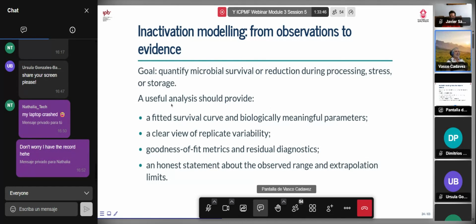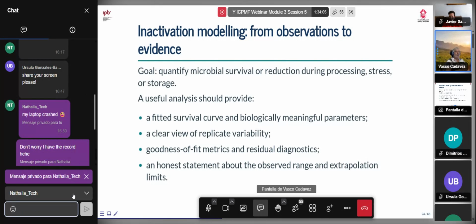When we want to do this, it will be good to have some fitted survival curve and a biological meaning for the parameters. Of course, we want to have a clear view of the replicates variability, because we need to always work with the variation. That variation is important because we model variation, but if the variation is too much, then it can be not controllable, and this will be a problem.